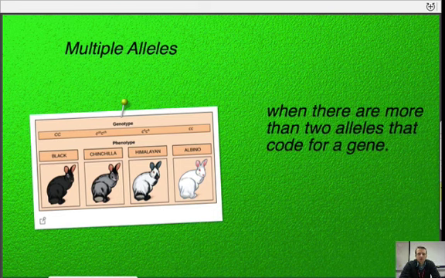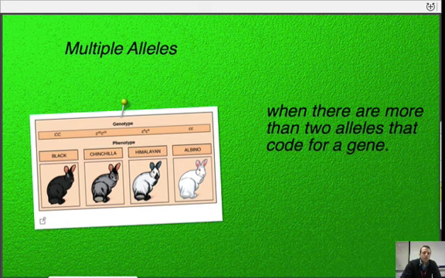And what multiple alleles are is when there are more than two alleles that code for a gene. So the gene is skin color here on this rabbit. There's more than two alleles. You have big C, little c, c-h, and little c, little h. So there's more than two alleles here that code for that one gene.